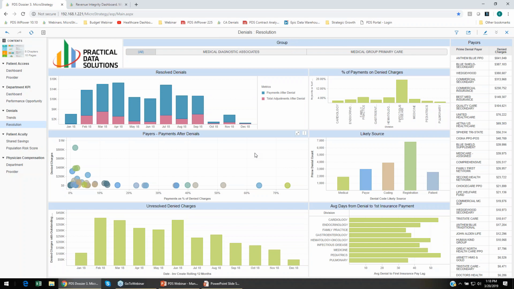I like the graph at the lower left-hand corner that has unresolved denied charges. That to me just speaks very quickly of, oh my gosh, how much money do I have sitting in unresolved denied charges? And it's a little deceptive there because the trend goes down over time. It looks like we don't have a lot of denials now, they're being resolved.